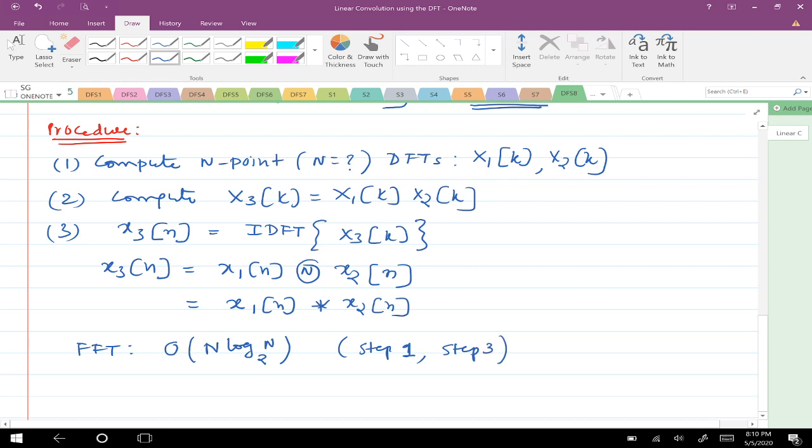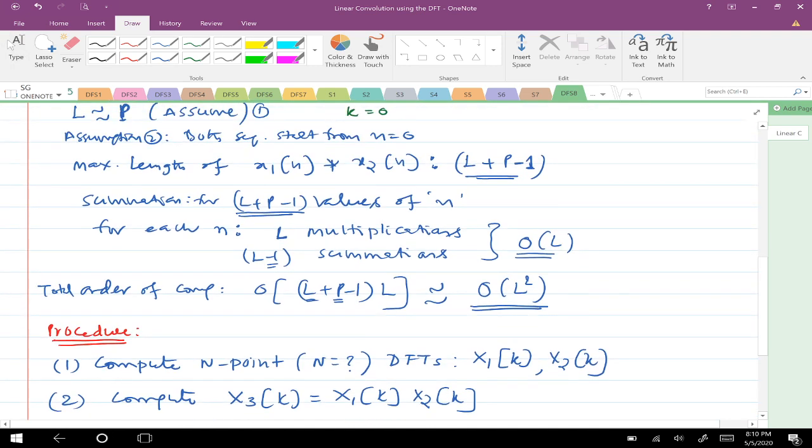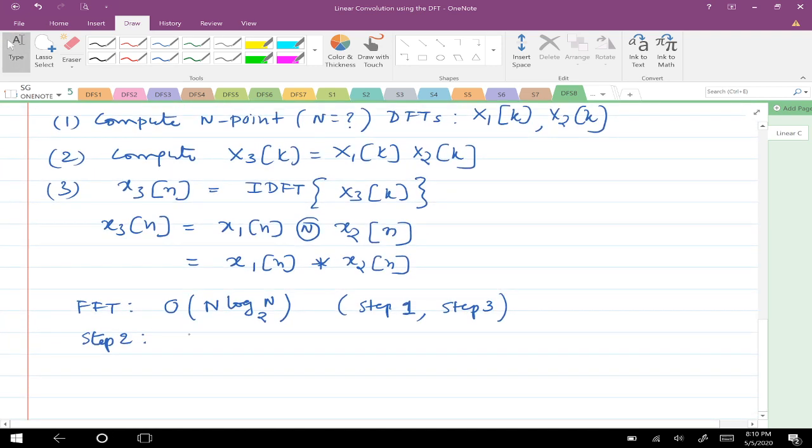And then what about step 2? For step 2, you have to find the multiplication of x1 of k and x2 of k. It's just doing it for one value, as if you are doing it for n values, so you could figure out that this is of order of n computational complexity.